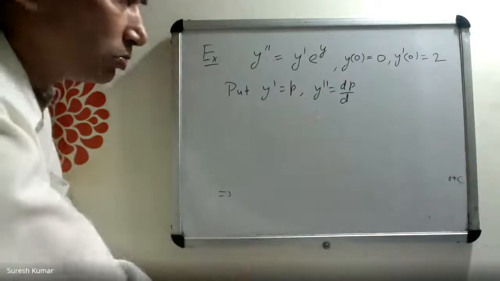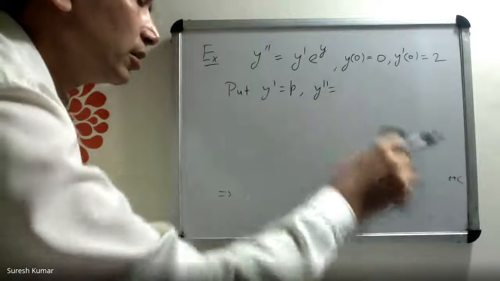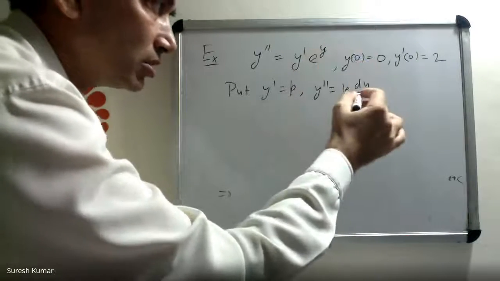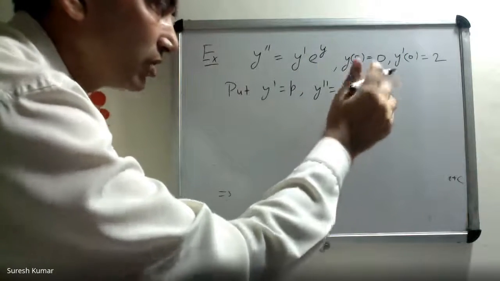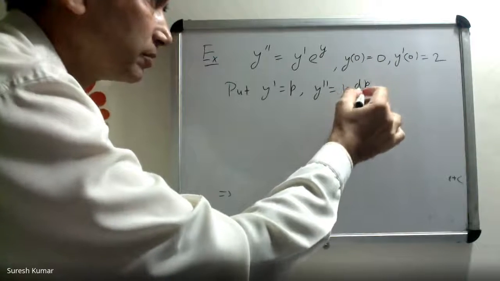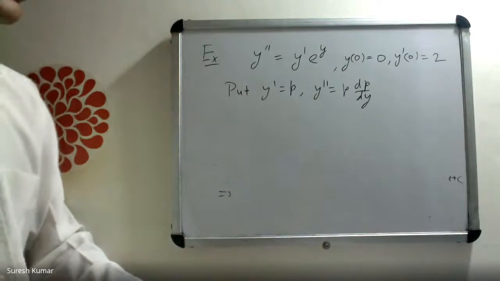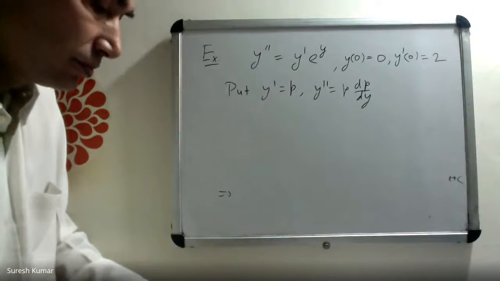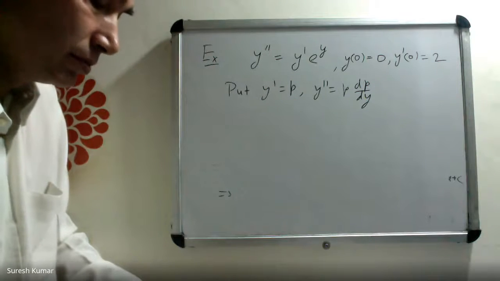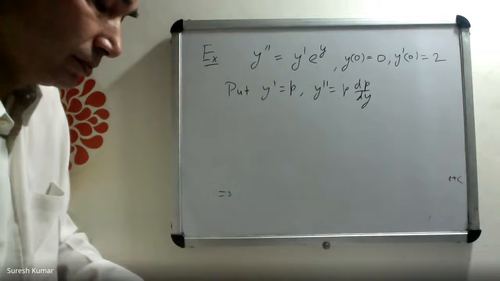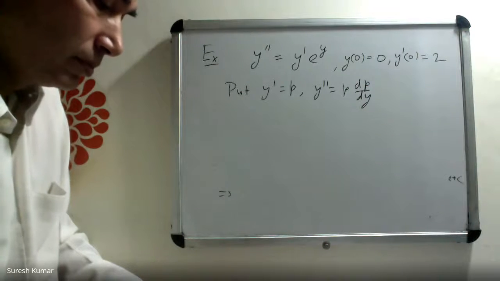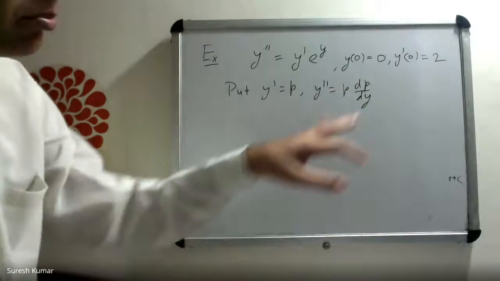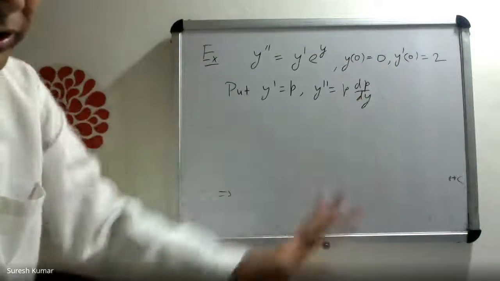Dp over dx or p dp over dy? P dp over dy, because y is present, so you would like to keep your differential equation in p and y. Yes, use this here and solve it. First tell me the general solution and then the particular solution satisfying these two conditions.